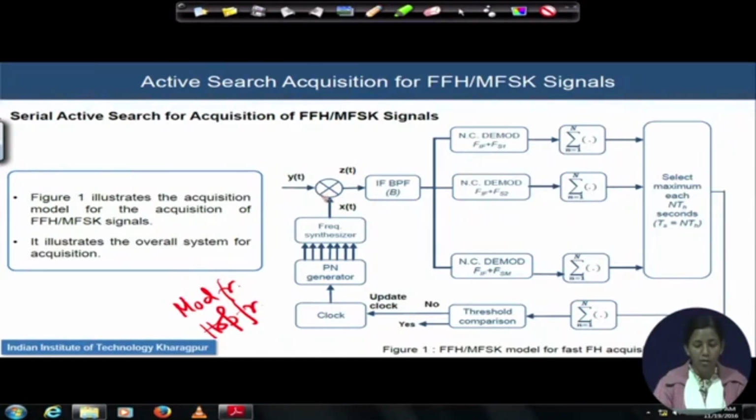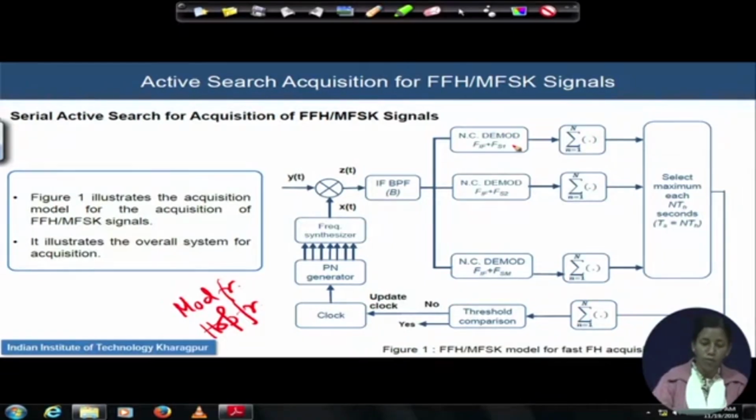This is a spreader or mixer, whatever you say, and the signals are then passed through a band pass filter having a bandwidth of capital B. We saw that the filtered signal is then passed through a correlator. It is a non-coherent detector architecture. So this NC stands for the non-coherent demodulation architecture, which demodulates at the IF frequency plus the symbol tone frequency.